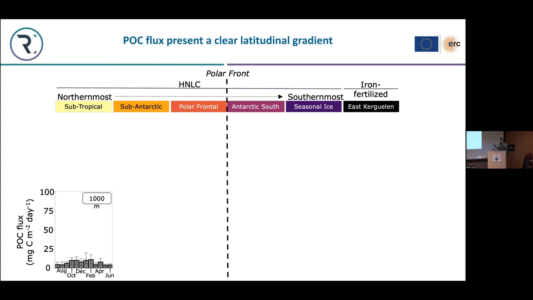We had 2 or 3 years of time series, and for each region we built a single standard 1-year time series of all the measurements of flux. So here you have the flux for the subtropical gyre, and the accumulation of the attenuation is converted into a particulate carbon flux thanks to a new relationship that Meg Estapa has recently published, or at least the paper is submitted.